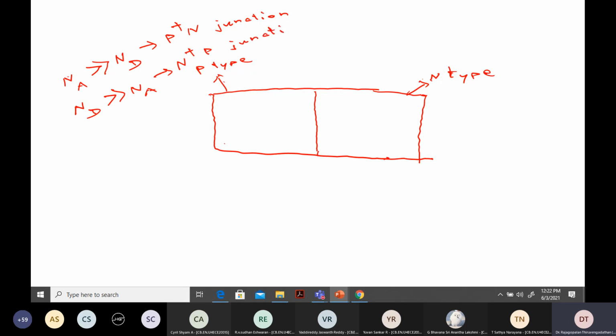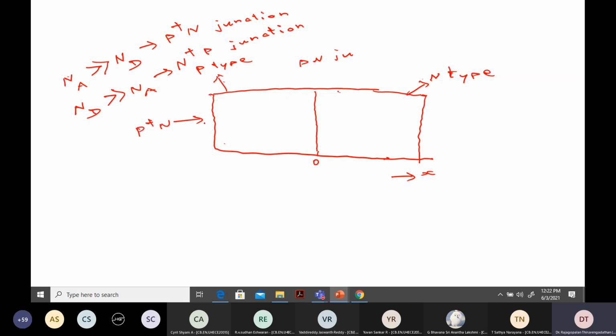So depending on which, we will have the depletion region formed in the vicinity of this junction. So let us call this my X distance, and this is my PN junction. Okay, the whole thing is a PN junction, and this is the junction region, and we are considering in this case the P plus N junction.